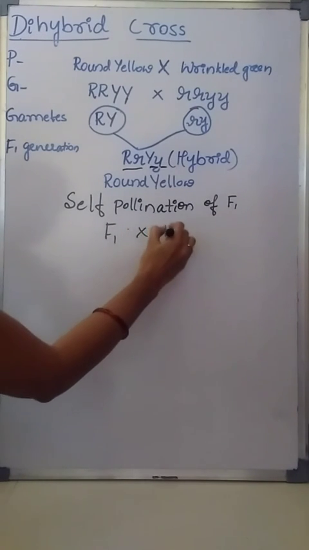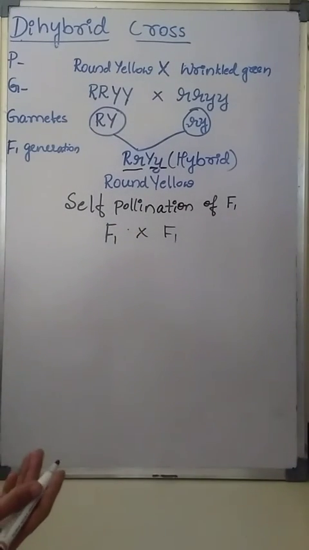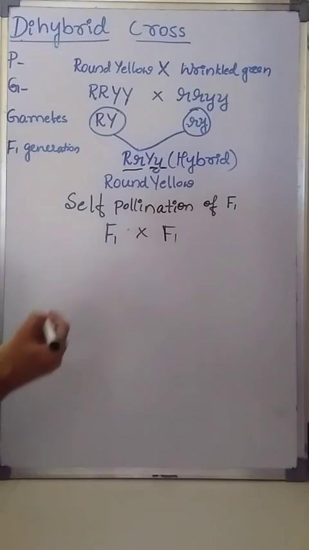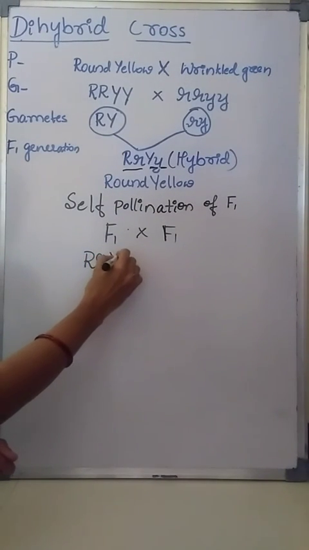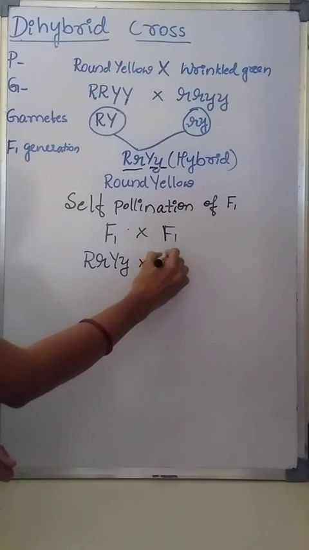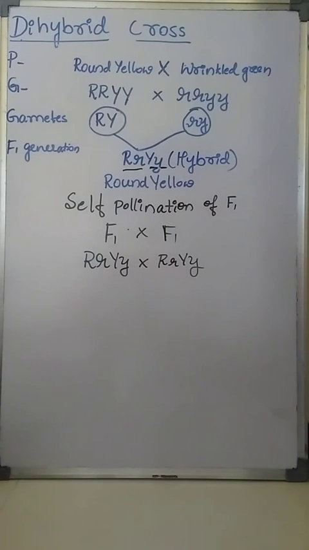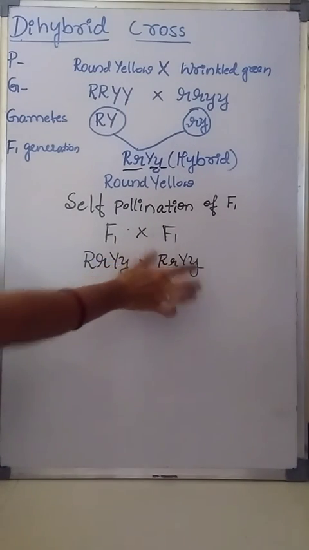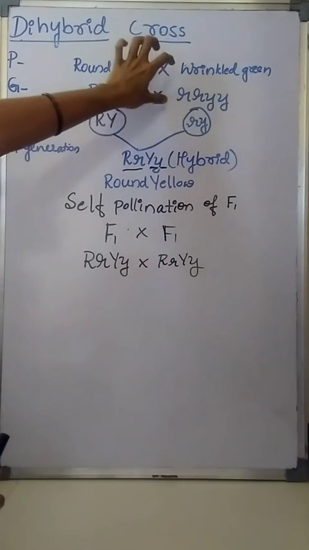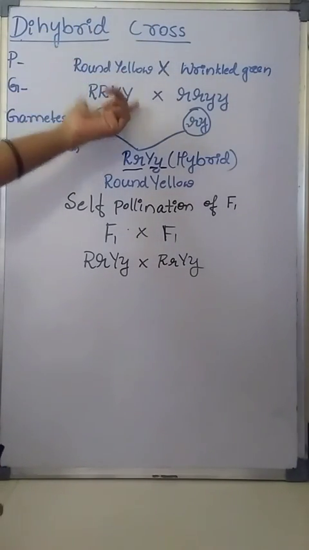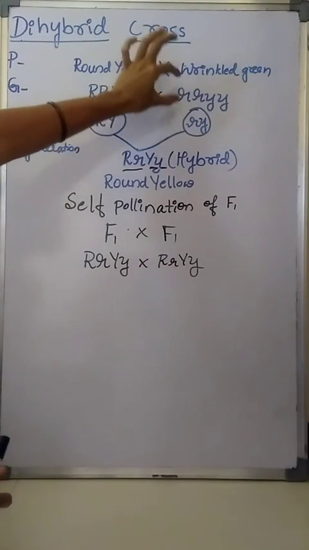Here F1, capital R, small r, capital Y, small y, is crossed with capital R, small r, capital Y, small y. These are hybrid pea plants, but the parents were homozygous dominant and homozygous recessive pea plants. This is important. This one is the homozygous dominant one, and this is the homozygous recessive one.